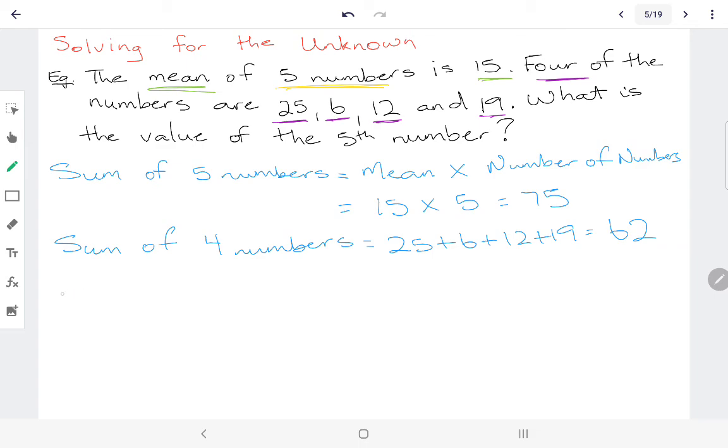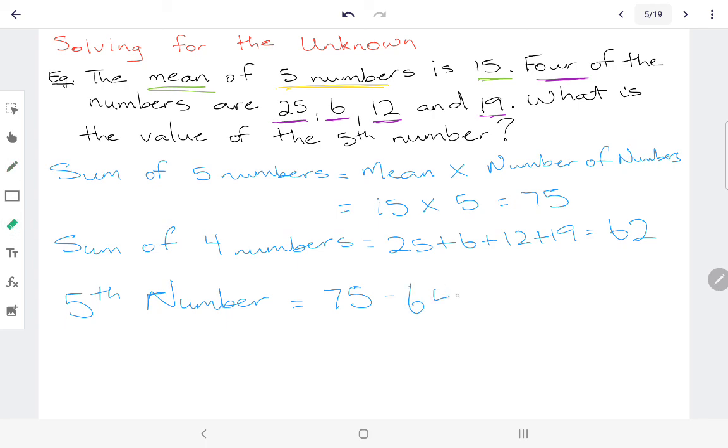Now we would like to calculate what the 5th number is. In order to calculate the 5th number, we take away from the total sum, which is 75, the sum of the 4 numbers, which is 62.